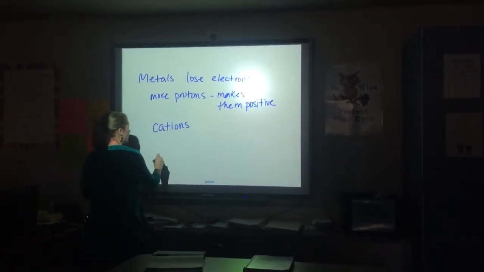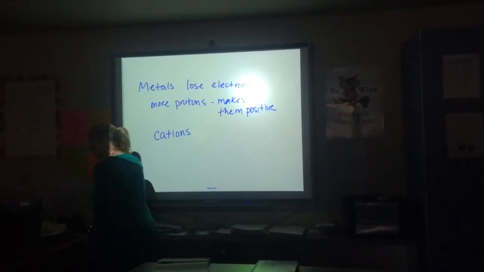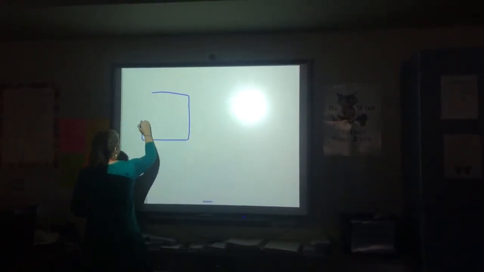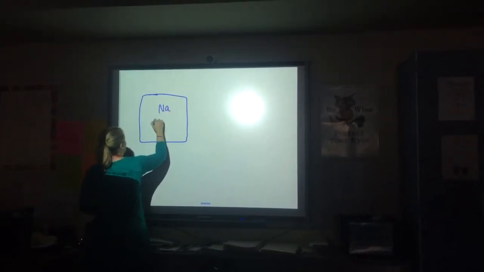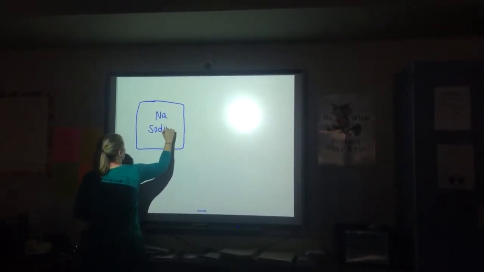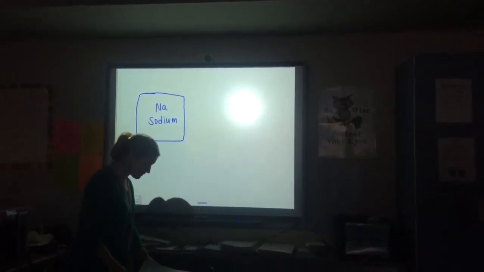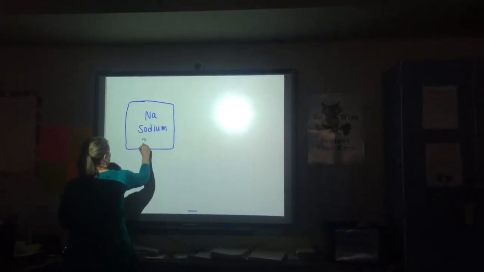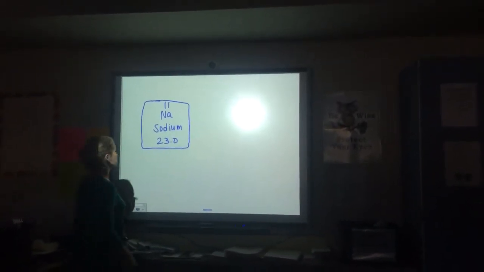So here's an example of sodium. So we're going to do sodium as an example to show you. So sodium, and I'll just go ahead and draw the element square. Sodium is Na. It's atomic number 11, I believe, and its mass is 23.